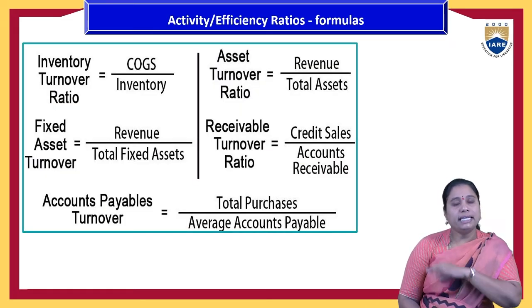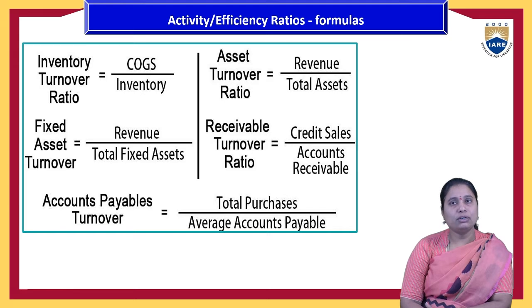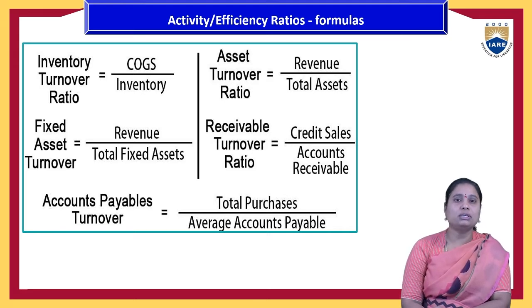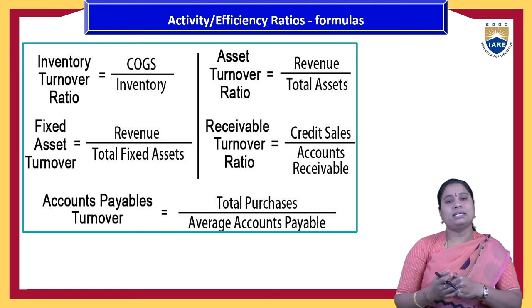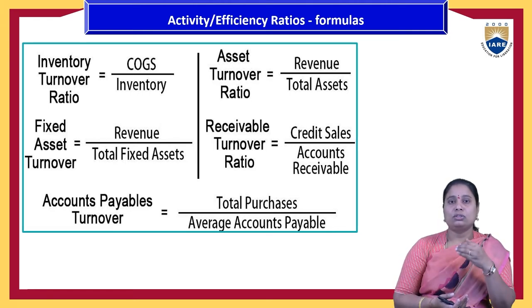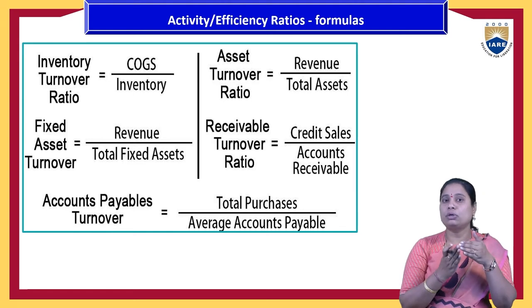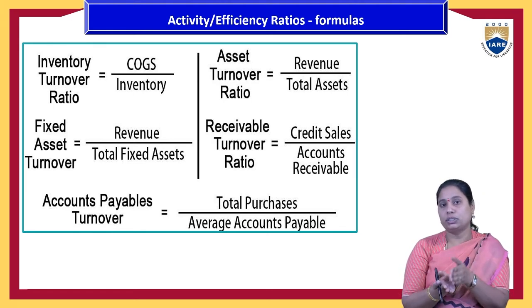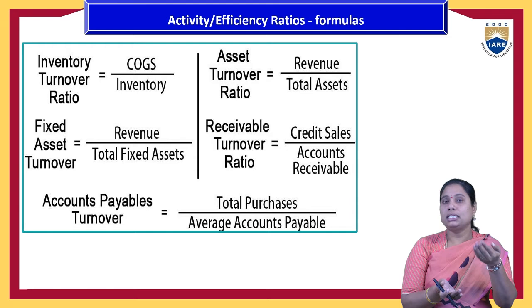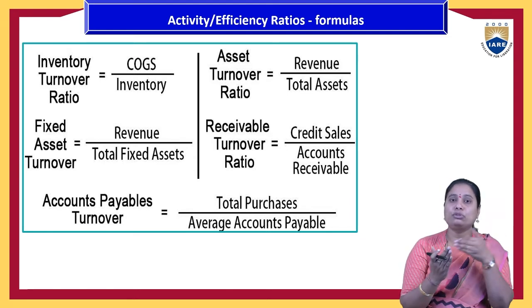Taking the activity or efficiency ratios together, the inventory turnover ratio means how much cost they have incurred for the goods divided by the total inventory. For example, if they have purchased 10,000 worth of goods, and 20,000 worth of goods are with the organization, it is the ratio between the cost incurred and the worth of inventory.